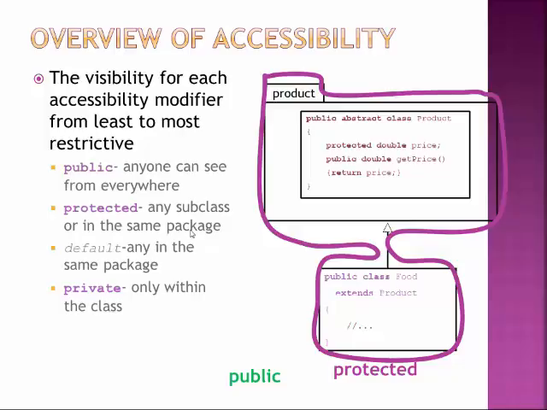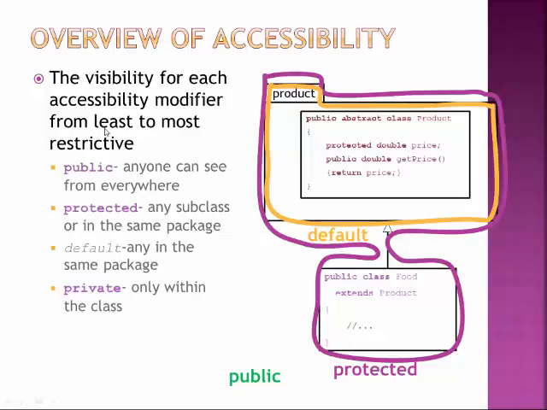I can see it as a subclass anywhere. I don't have to be in the same package. That whole same-package thing is not commonly used. I would not really use it all that much. I wouldn't count on it. It's not something you really want to design with that much, but it is a reasonable rule. So that's the protected status.